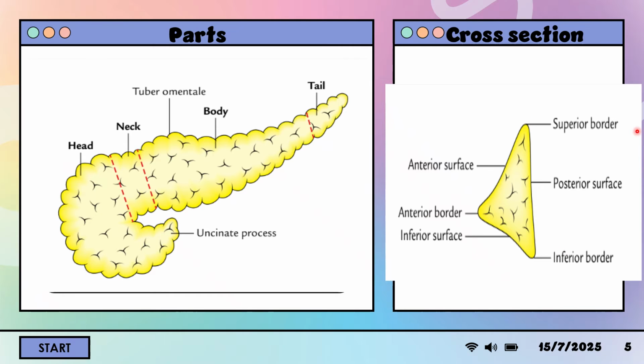It shows three borders, the anterior, superior and inferior, and three surfaces, the anterior, posterior and inferior, and then one process, the tuber omentale. We can see here the tuber omentale. A part of the body projects above the lesser curvature of the stomach and comes in contact with the lesser omentum across the lesser sac.